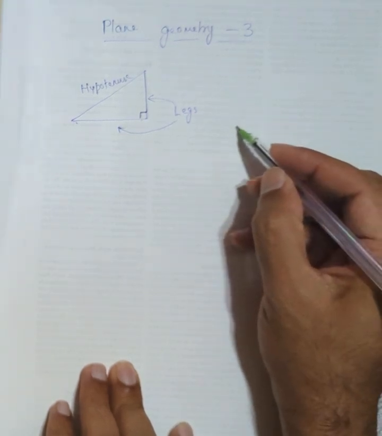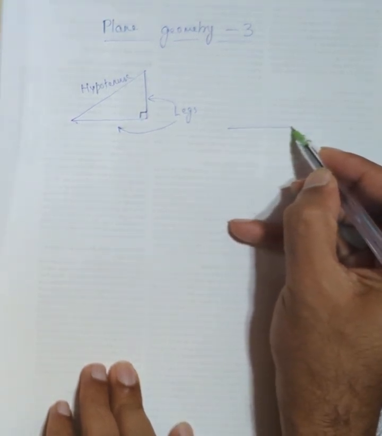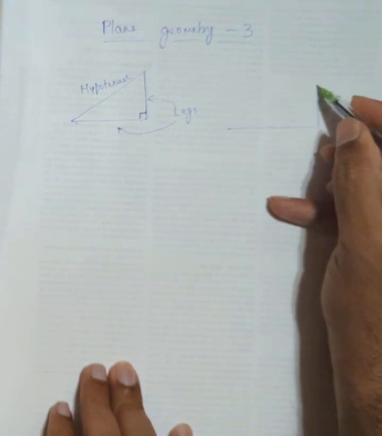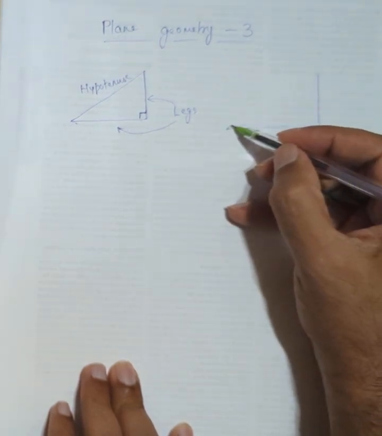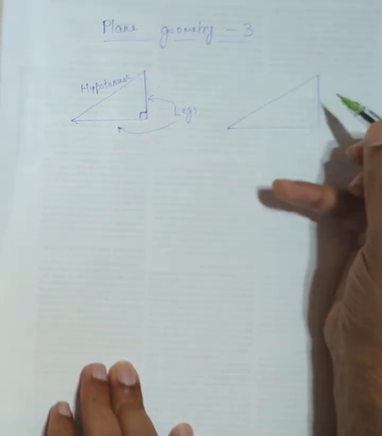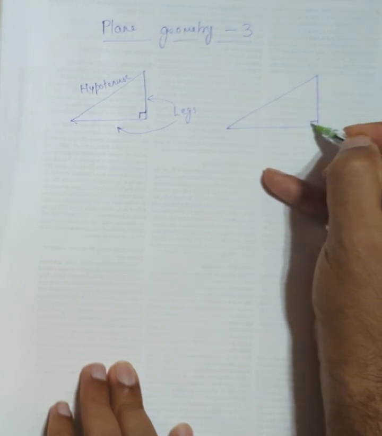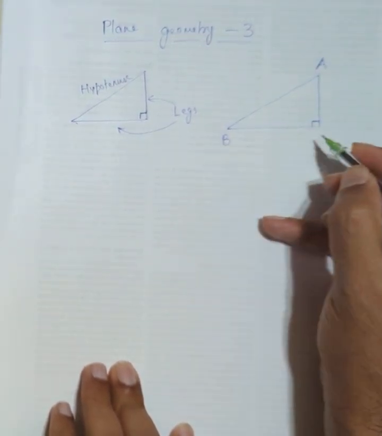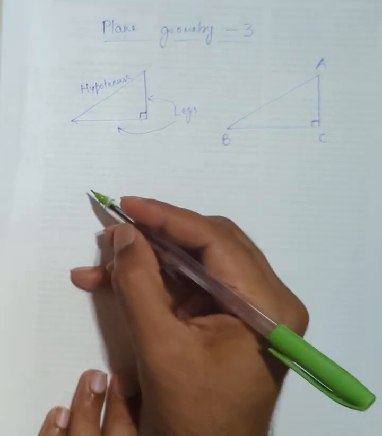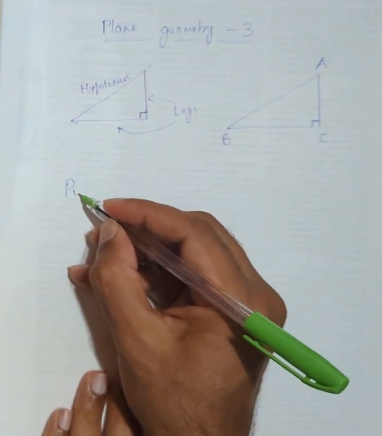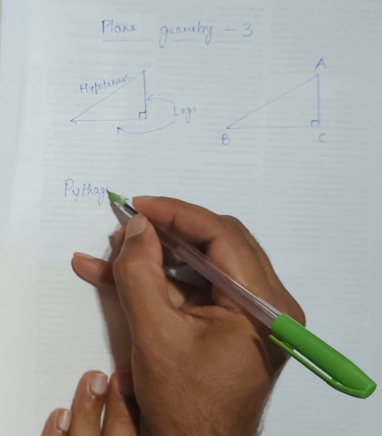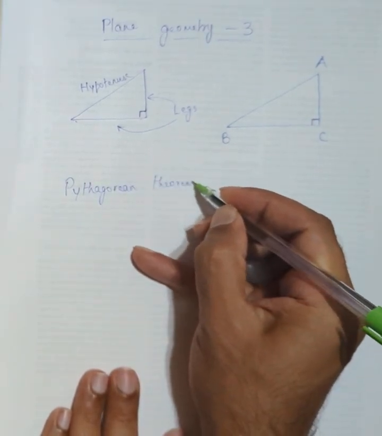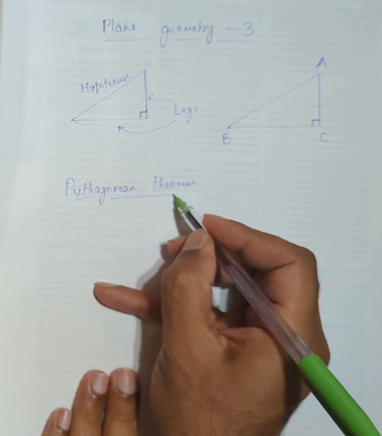And one other thing we want to know about right triangles is that you have something known as the Pythagorean theorem. So what is the Pythagorean theorem?